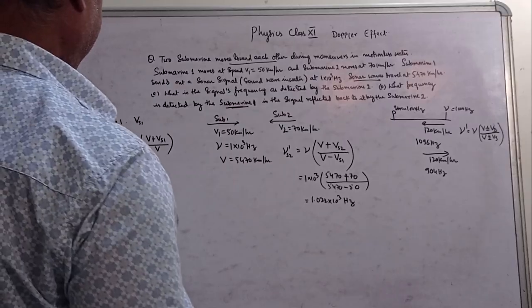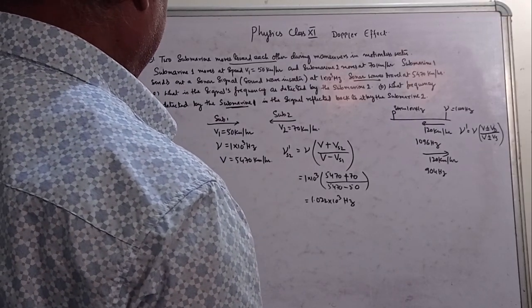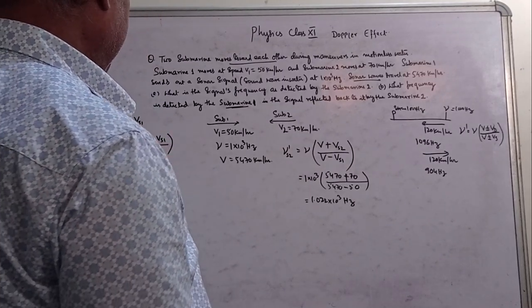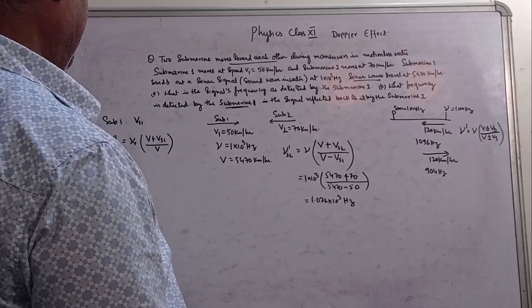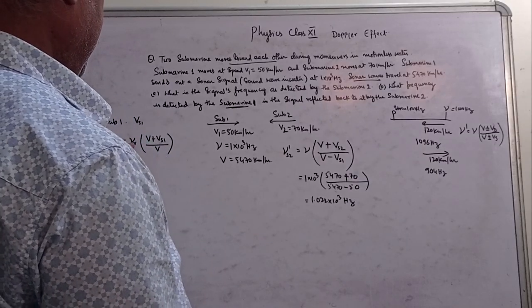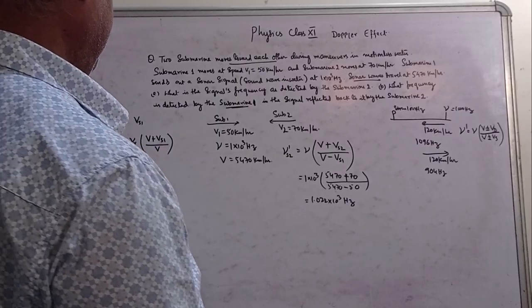Since submarine 1 is moving with velocity vs1, the frequency heard by submarine 1 will be this one.